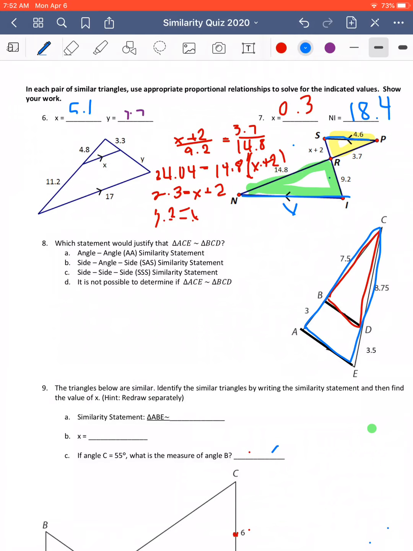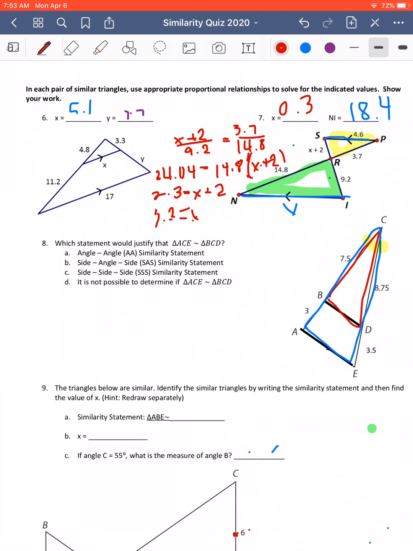If you look, they both share an angle, so this one's going to be congruent in both of them. If we can prove that the sides are also proportional, we could use side angle side. We don't know anything about any other angles, so we can't use angle angle.